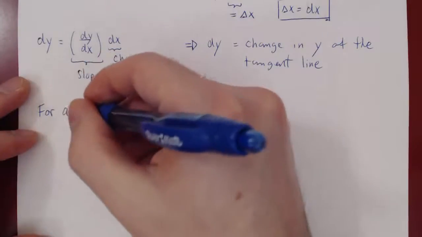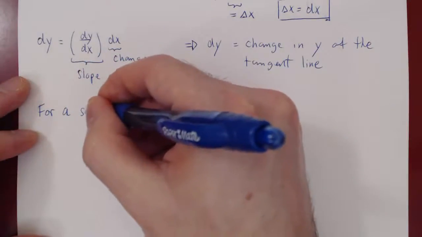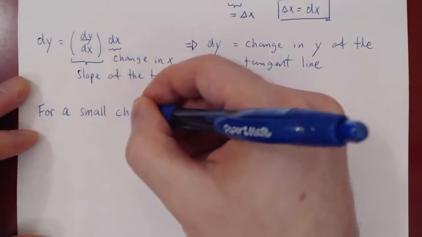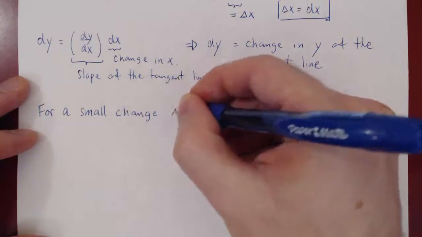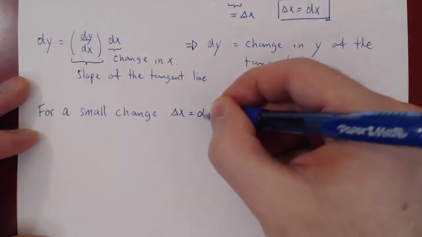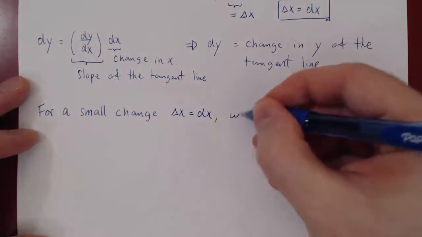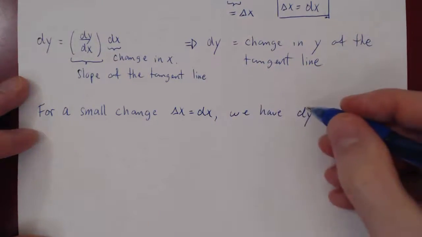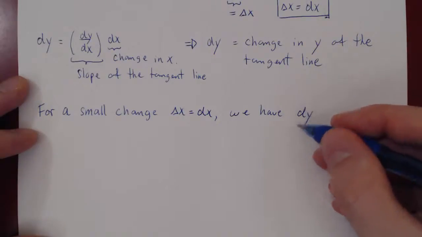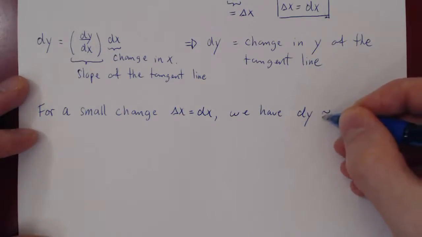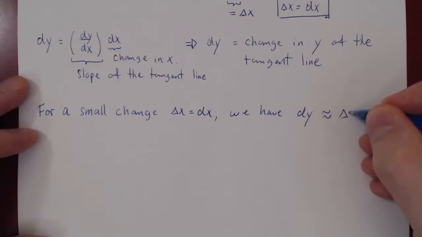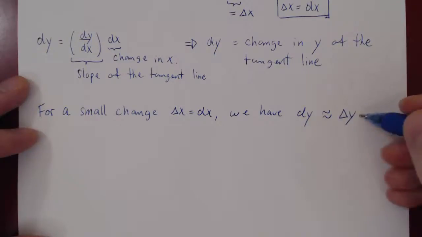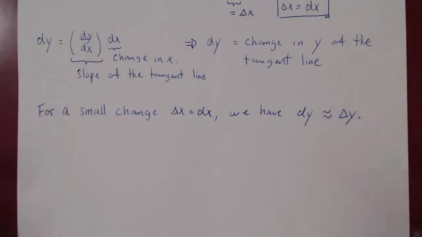So for a small change, delta x, which is the same as dx, we have that dy, the change in the tangent line in the y direction, will be really close to the exact change delta y, the change in the y direction of the function. And that's the difference between dy and delta y.